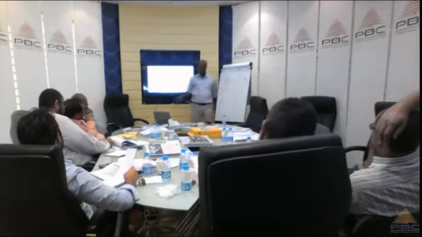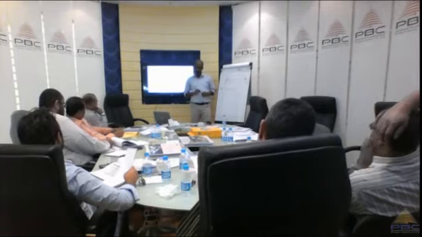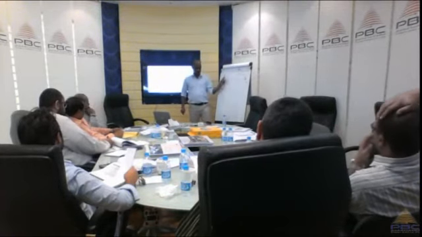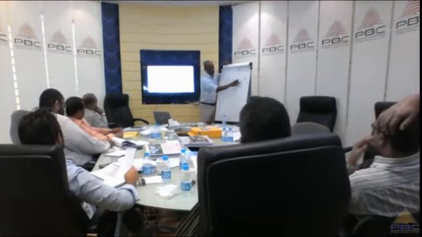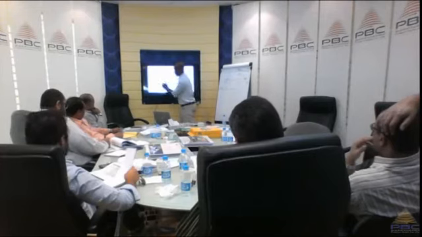What is BAC? Budgeted at completion, which is the original. So instead of ETC, you use BAC minus EV, the earned value, the value of work created.